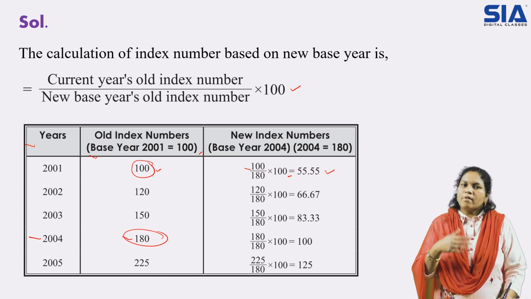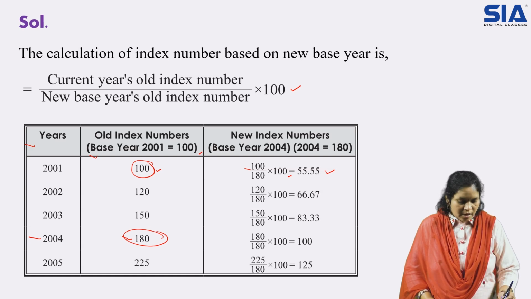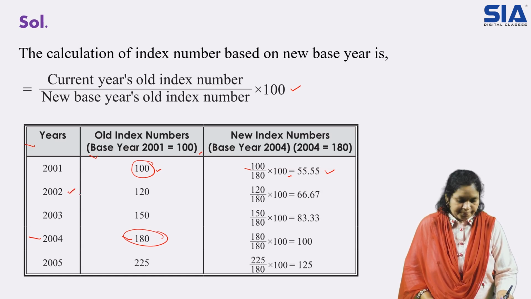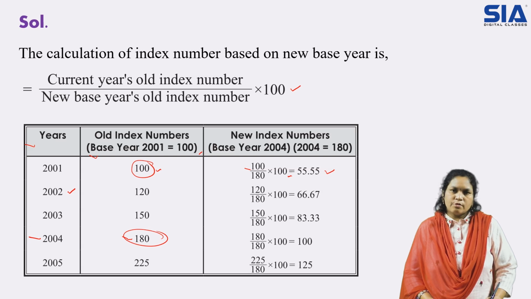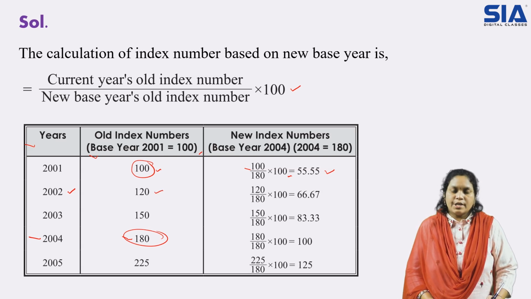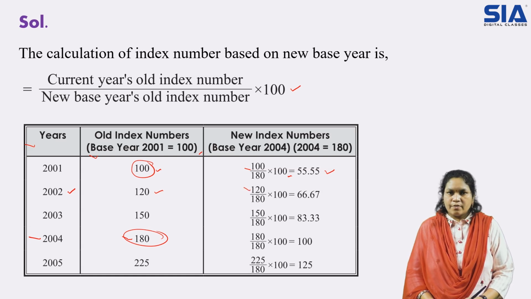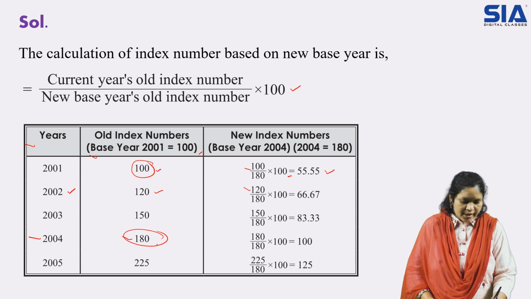Now let us check one more value, how we have shifted the index number, that is for 2002. So 2002 I want to shift. What is the original value I have? The original value is 120. So take that 120 divided by the new base period value we need to shift to, that is 180 again.